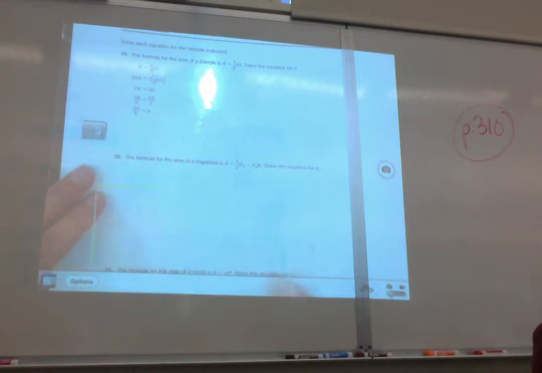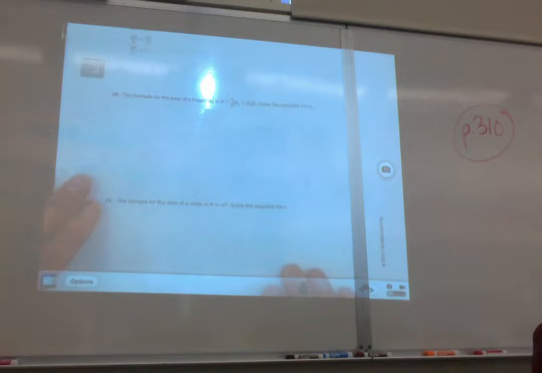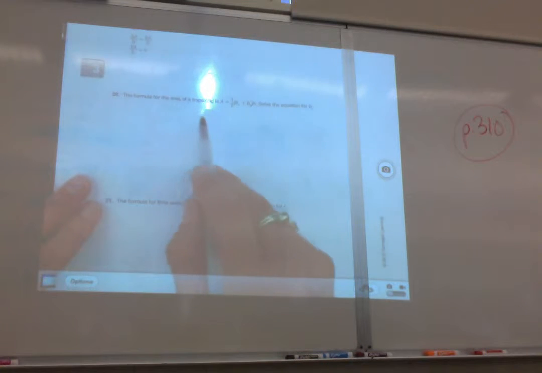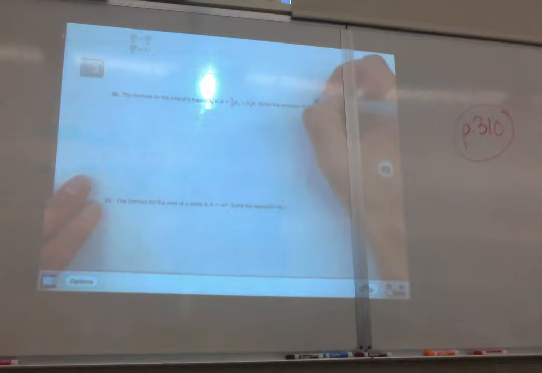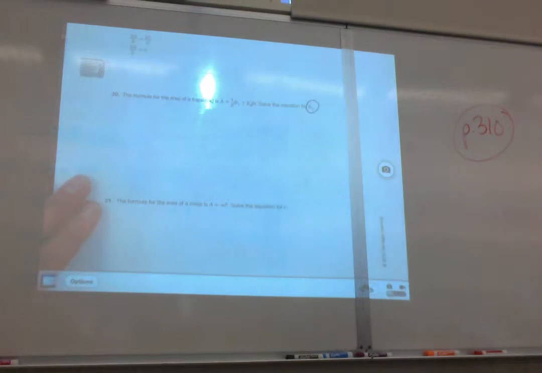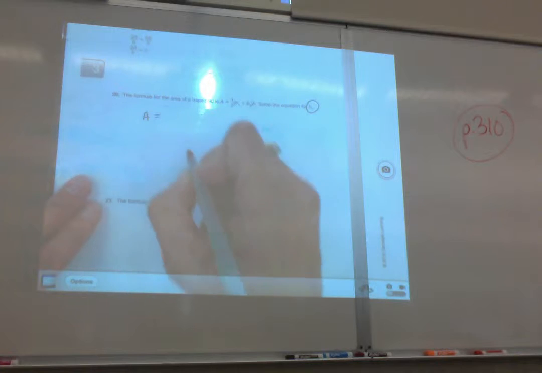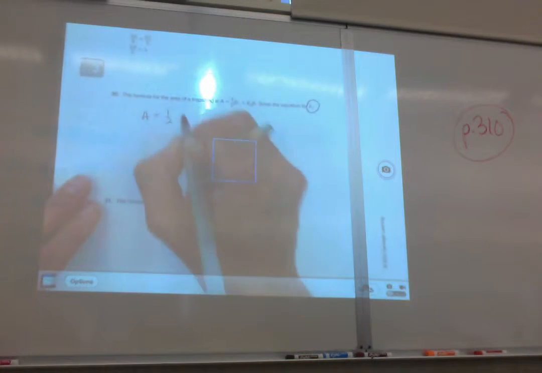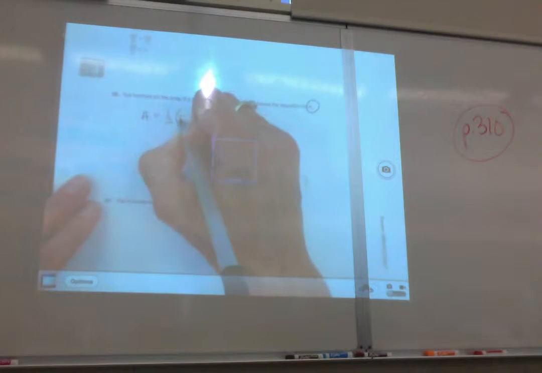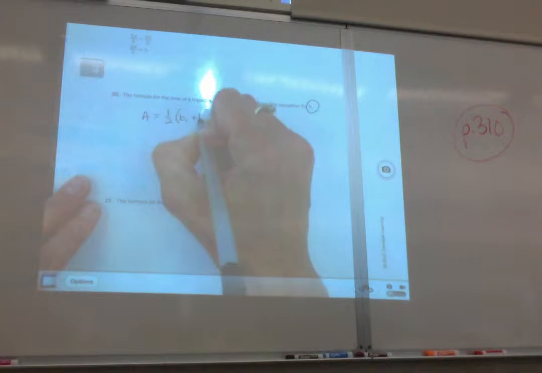What they want you to do with this is isolate one of the variables. This time it's B1. So you have to move letters around, similar to how we would move numbers if we were solving an equation.